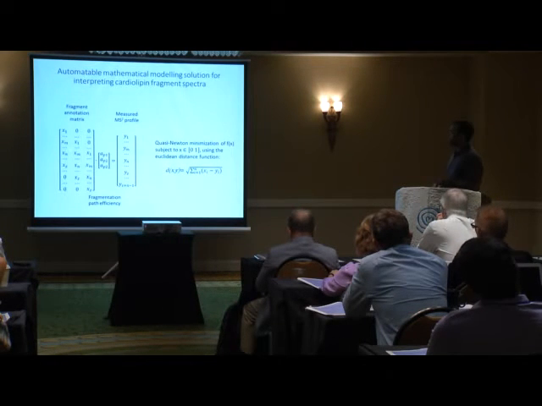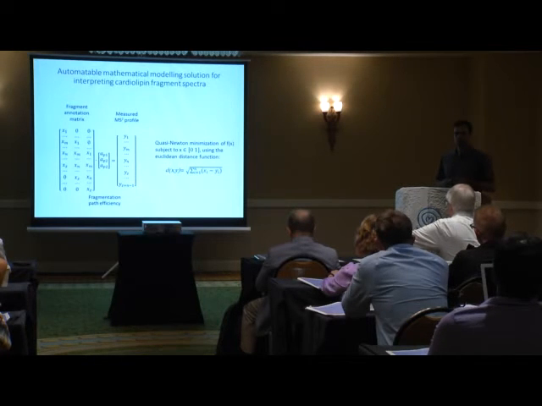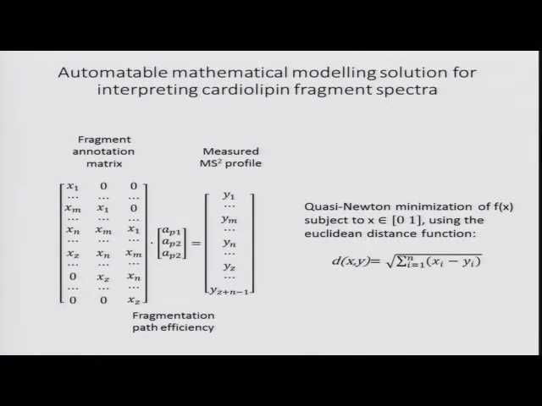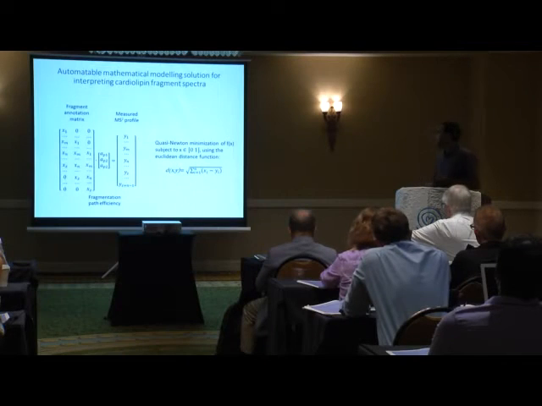What this mathematical modeling solution does is minimize the distance between the theoretically possible fragmentation space and the actually measured spectra. By minimizing this, we get at the end a profile of different cardiolipin side chains that are most likely to be present in this fragment spectra.